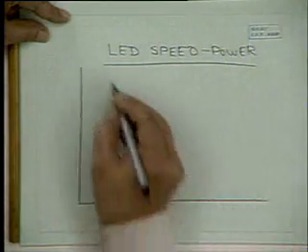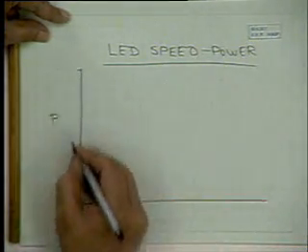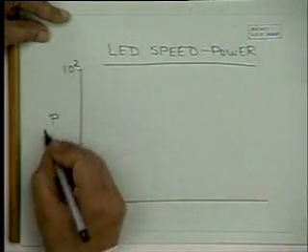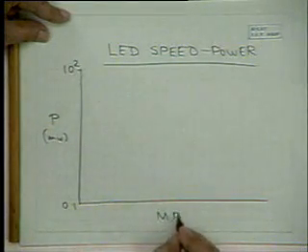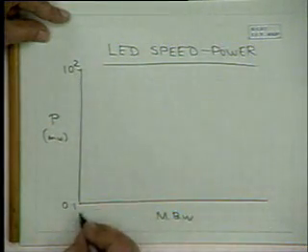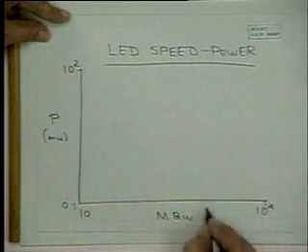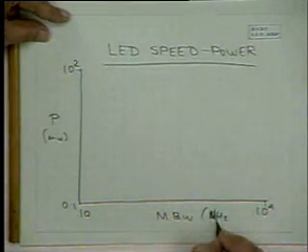Overall diagram. This is power going from 0.1 to 10 to the power 2 milliwatts, and the modulation bandwidth going from, say, 10 to 10 to the power 4 megahertz.